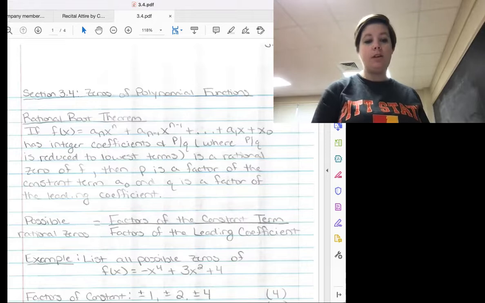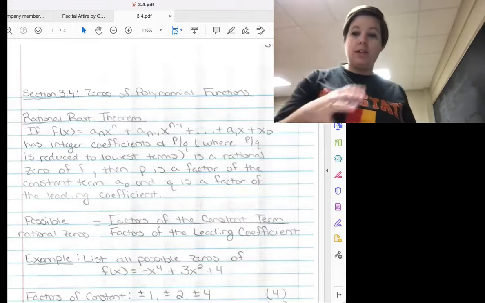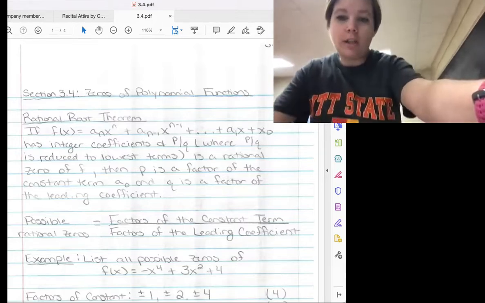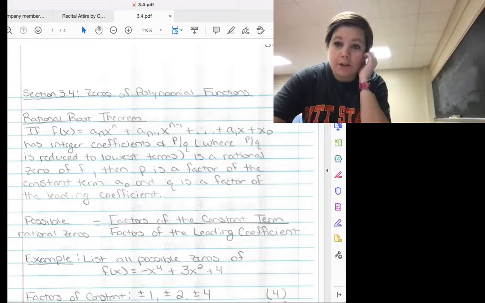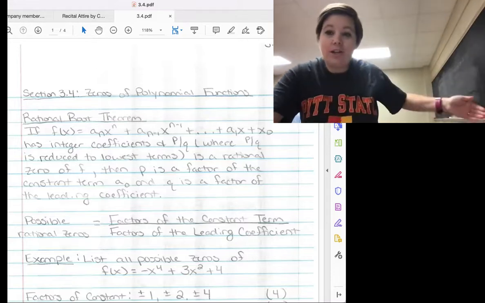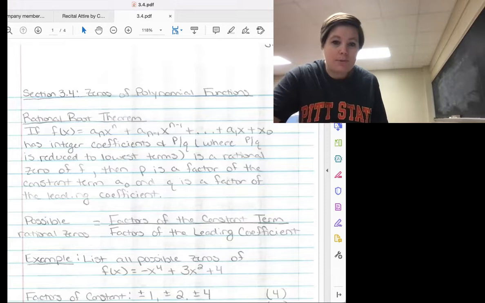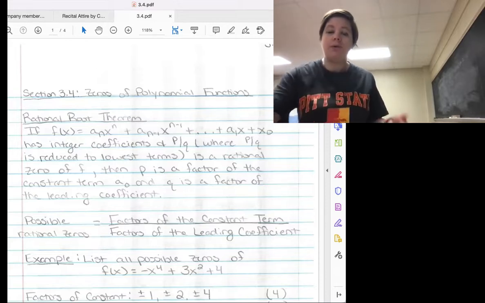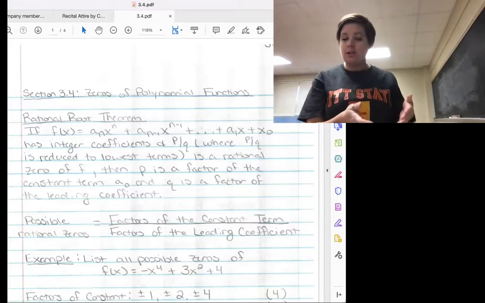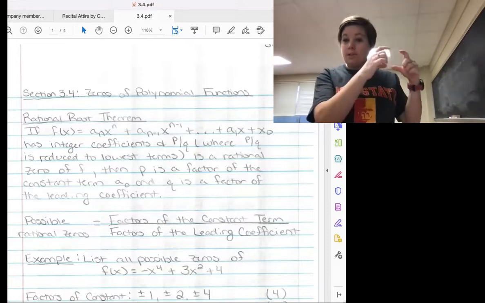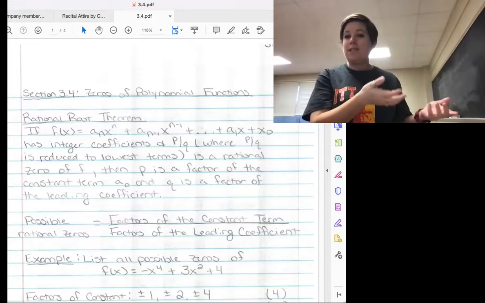So what this is really used for is whenever we are looking at the zeros of a function, really every rational number is a possible answer, is a possible zero. And that's a lot to deal with. If you remember back in 3.3, when we did our synthetic division, if we didn't have a number to put in that box, we would just be guessing, right?